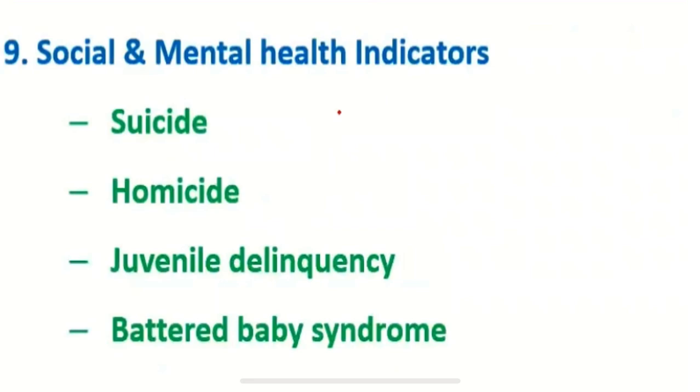The total number of suicides, where they kill themselves, and then homicide, that is murders, and then we have juvenile delinquencies, the breaking of the law or the unethical practices performed by children below the age of 15 years. Then battered baby syndrome, that is children who are tortured.